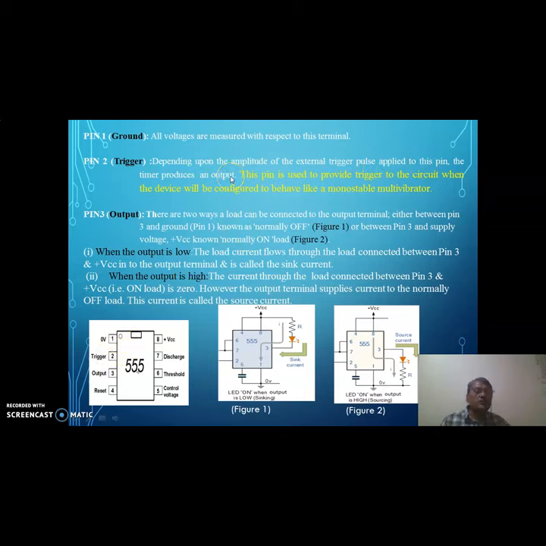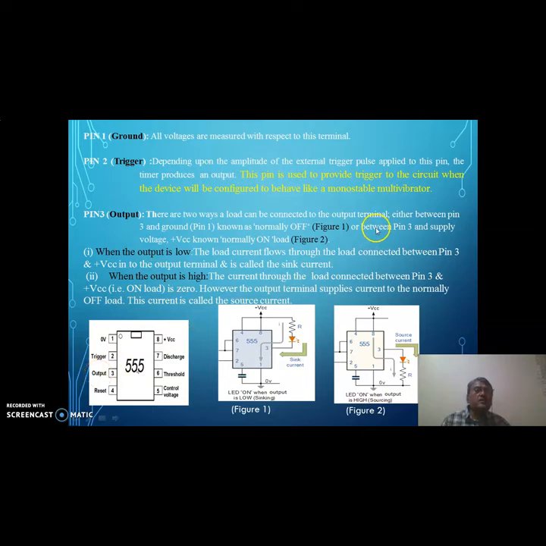This pin is particularly used to provide the trigger to the circuit when the device is configured as a monostable multivibrator. Then pin number 3 is the output pin. There are two ways to connect the external load to this IC.